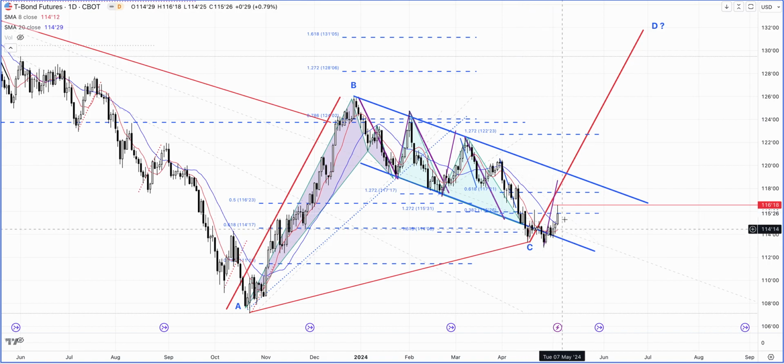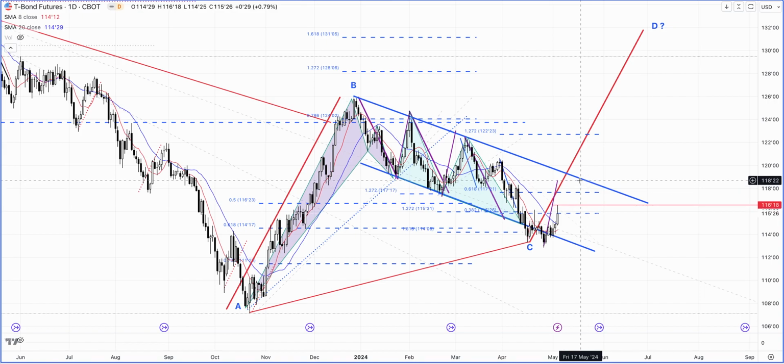But yeah, the market for a number of days, weeks now, a week and a half, is trying to stay above this level. So if that remains the case, what we are really looking for is again a close above 118.25. Before that, if it's able to just get above 116, that would be really good.